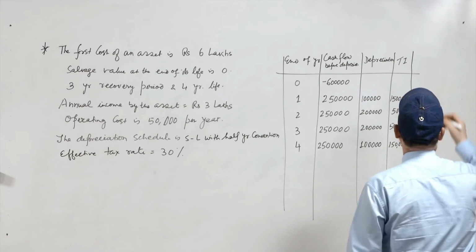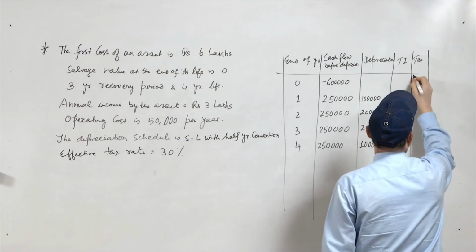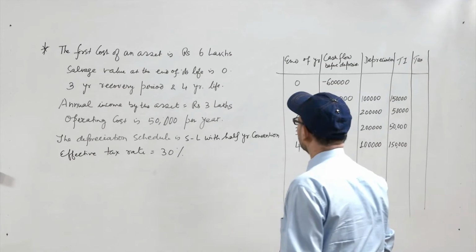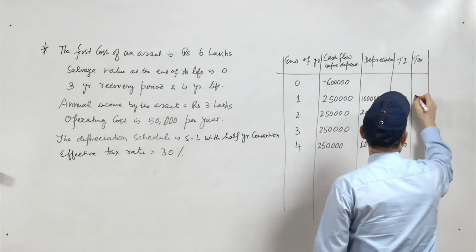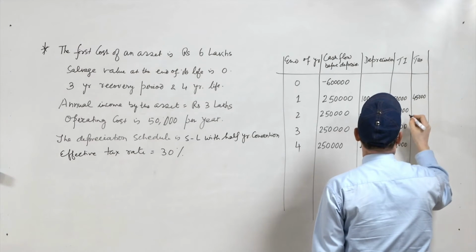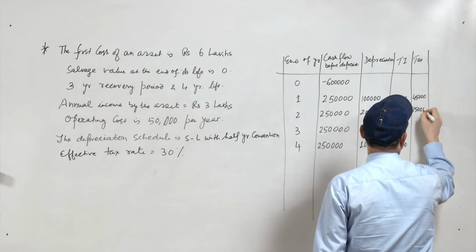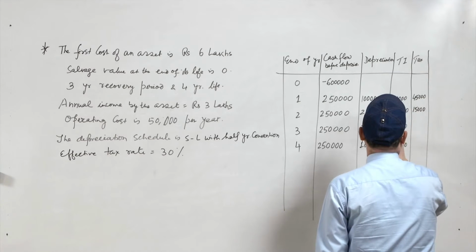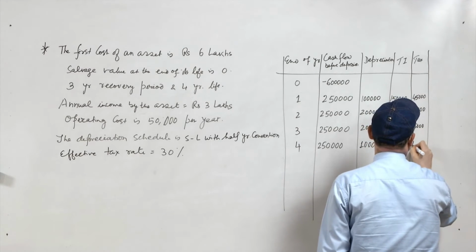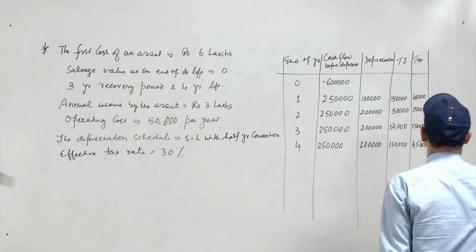Your tax will be the effective tax rate multiplied by the taxable income, and the effective tax rate is taken as 30%. So it will be 45,000, then 15,000, again 15,000, and 45,000.